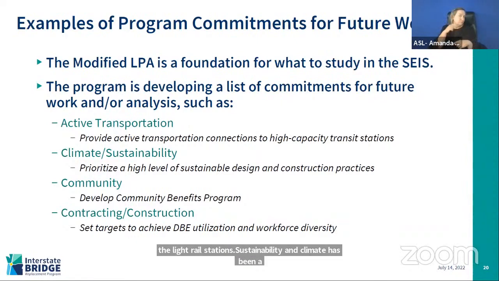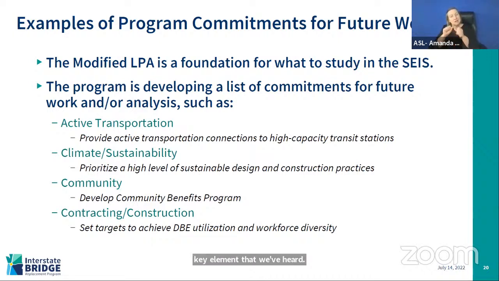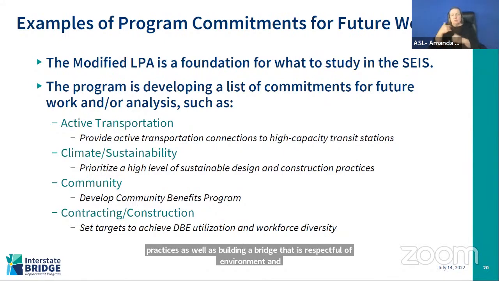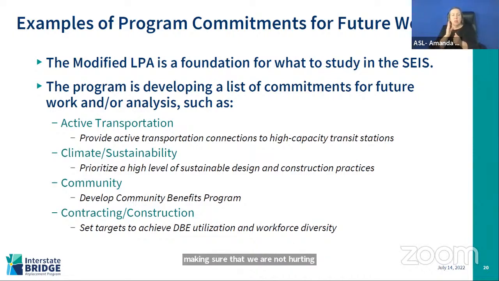So once again, prioritizing that sustainable design and construction practices, as well as building a bridge that is respectful of the environment, and making sure that we are not burdening the next generations with something that will be increasing greenhouse gas emissions going forward.